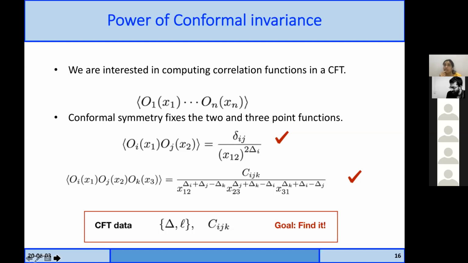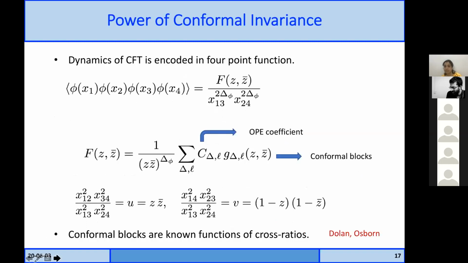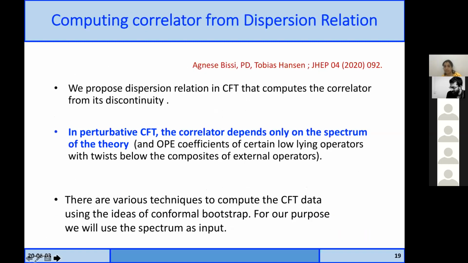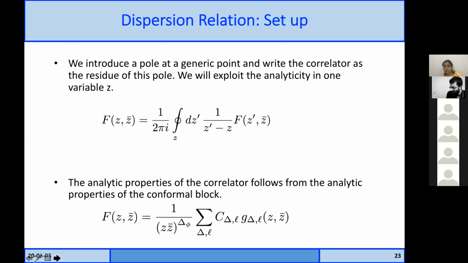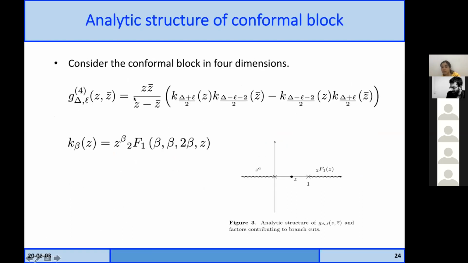No, we actually computed the correlation function. The analytic structure follows from the conformal block. Since the correlator is a sum of these conformal blocks, and we know the conformal block, this structure is known. What we don't know is the dimension and the OPE coefficients.